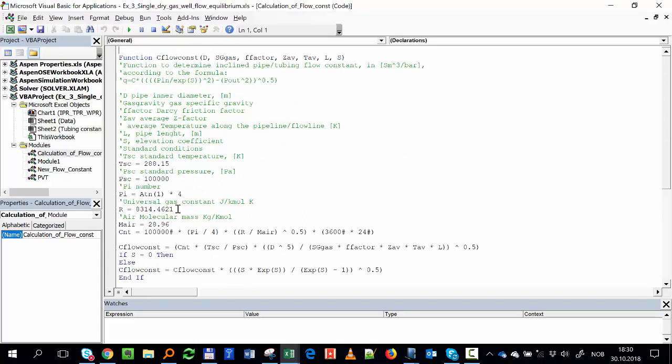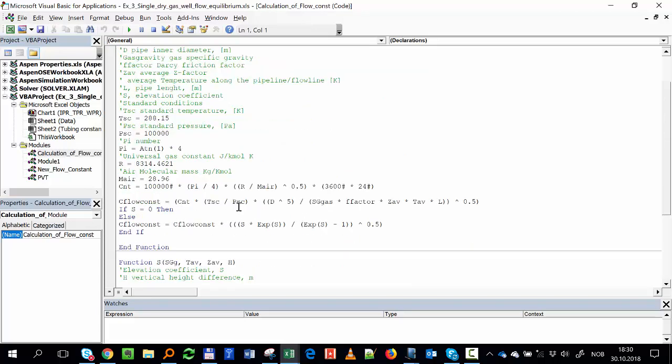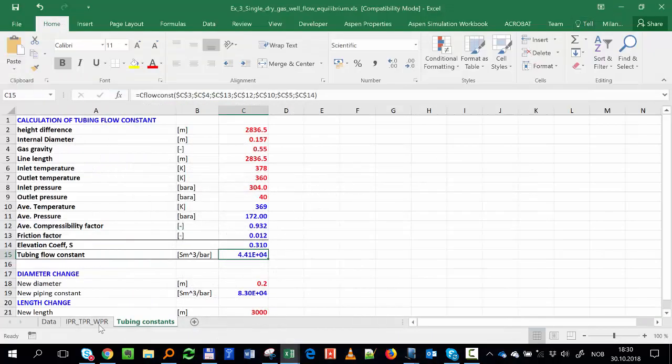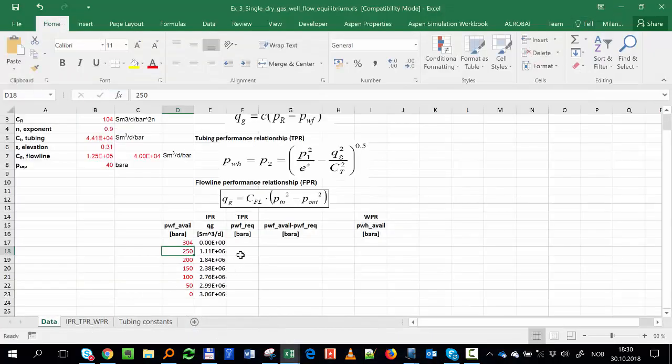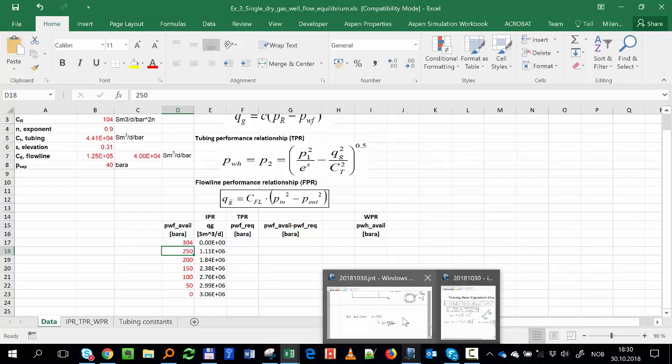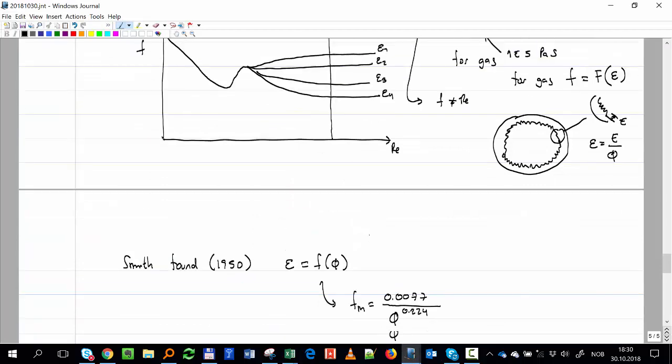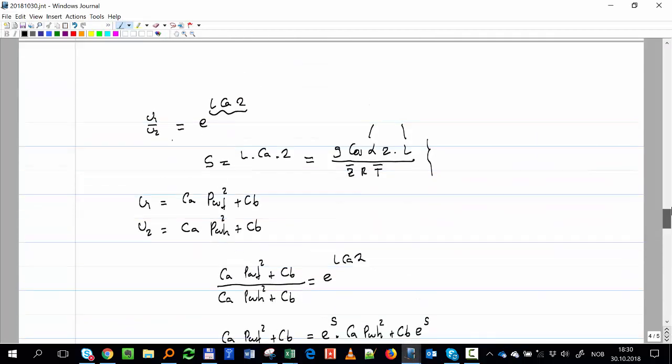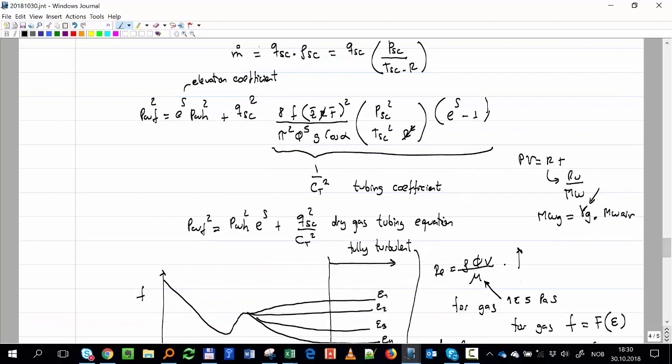And then the CT is a bit more complex expression with all of those concepts. After we have CT, we can now calculate this part, the tubing equation, which is only that equation here.